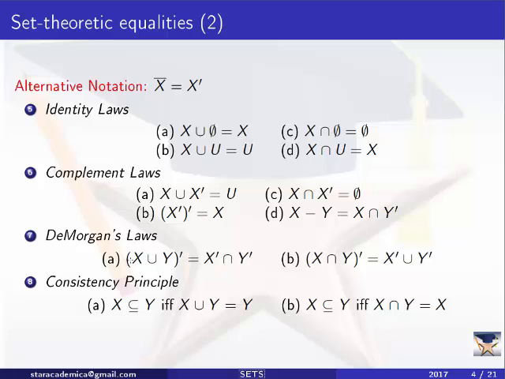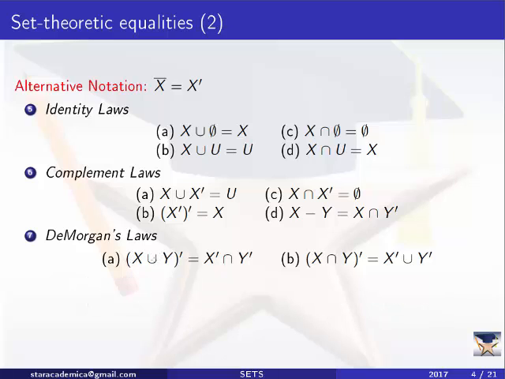Okay, we have De Morgan laws. These are very important. In logic, they're very important. Here also they are important. If you have the complement of X union Y, the complement will take the complement of everything really.